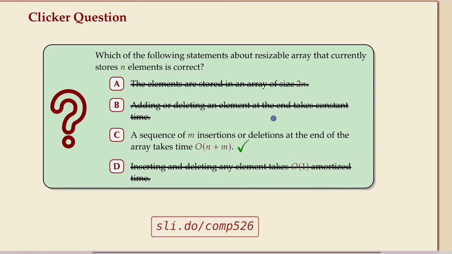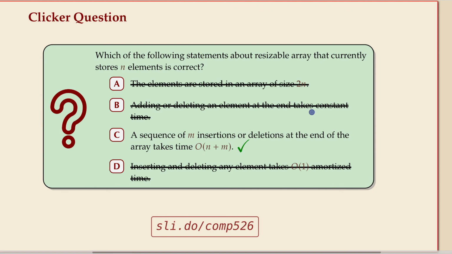Why are the other answers not correct? We talked about the first one, but the second one is not always correct. Adding or deleting an element at the end only takes amortized constant time. If I do this many times, on average, every operation is constant time.